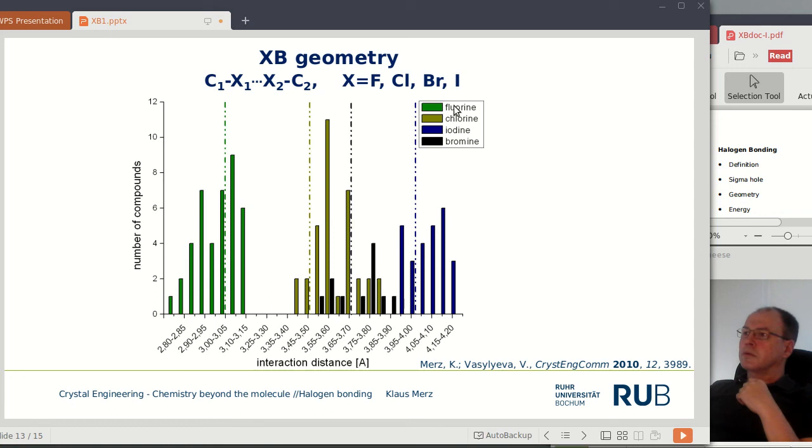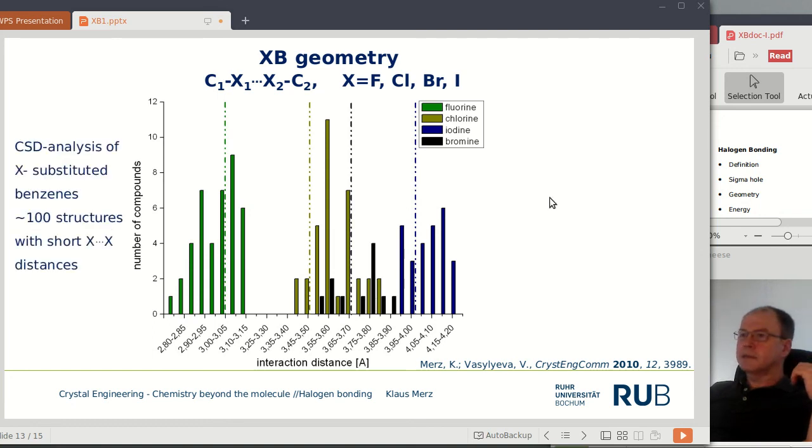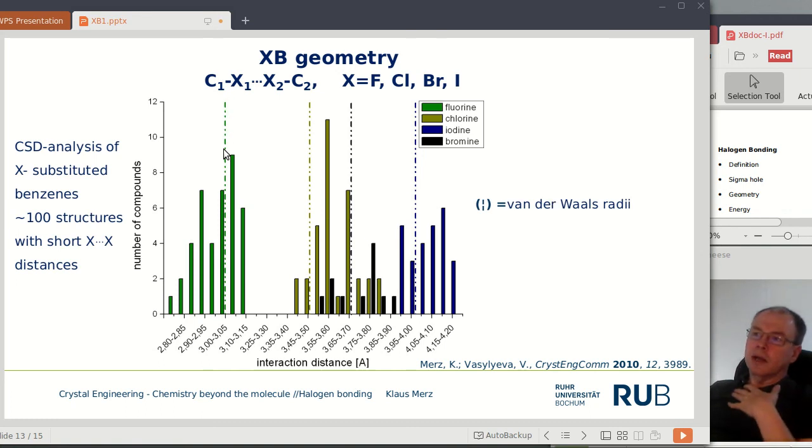We look at fluorine-fluorine, chlorine-chlorine, bromine-bromine, and iodine-iodine interactions. Green is fluorine, slightly green is chlorine, blue is iodine, and black is bromine. You see here the dotted lines.